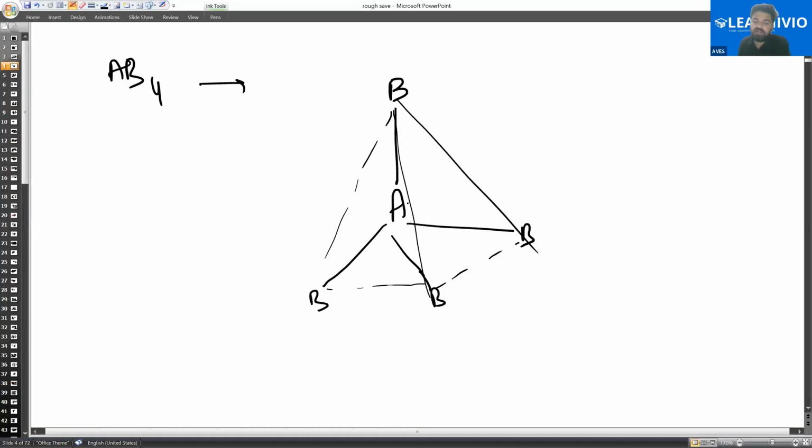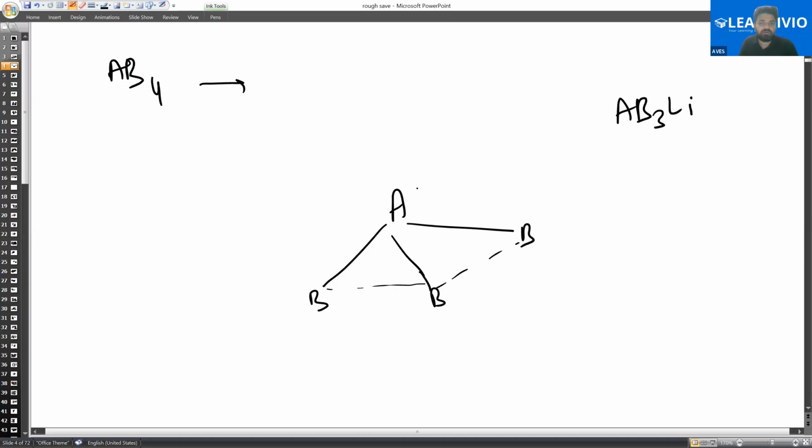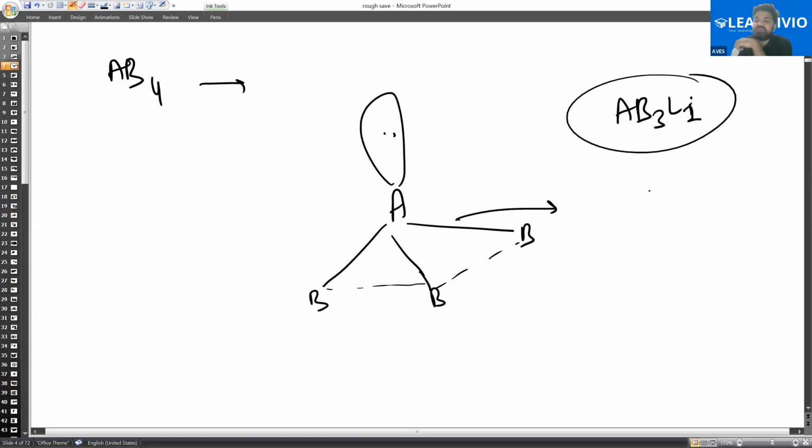But suppose you remove this B, and instead of AB4 you have AB3 and one lone pair. There is an electron cloud here. Then the shape will become pyramidal, like the pyramids in Egypt. So the AB3L1 shape will be this.